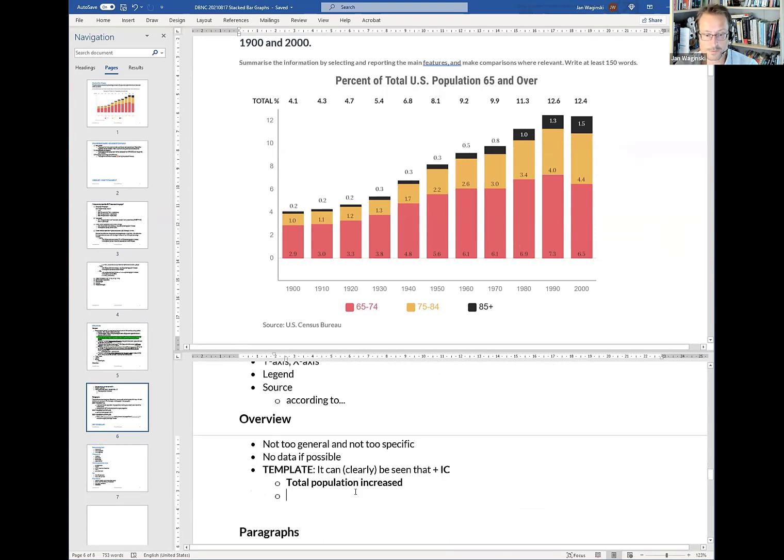Total population of elderly, percentage of population increased.